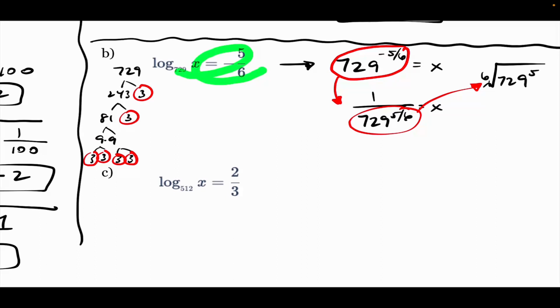So 729 is 1, 2, 3, 4, 5, 6 threes. 3 to the 6. Well, how many 729s do I have total? 5. So if each one of them has 6, I have 30 threes, right? 3 to the 30th power.